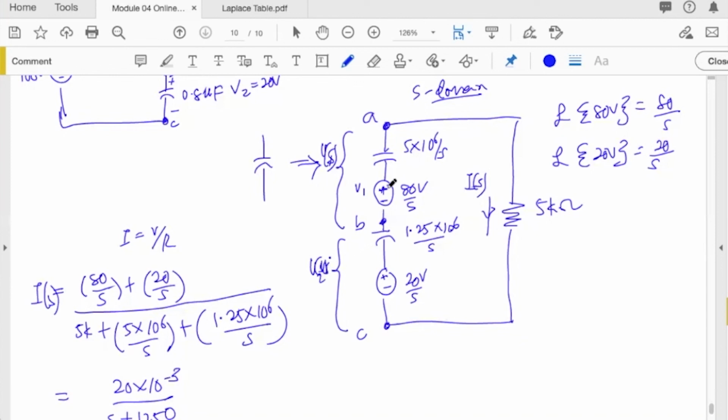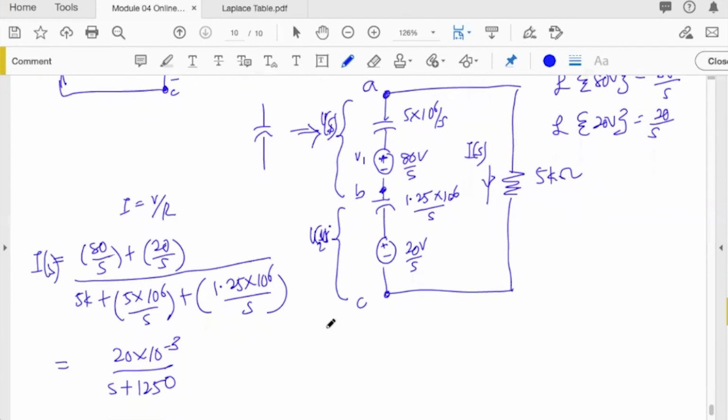So you can see that inside nodes A and B, where we have our V1s, we have a capacitor and the initial value of the voltage. When we calculate V1s, we have a voltage drop developed inside this capacitor.